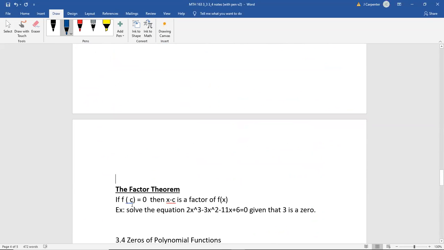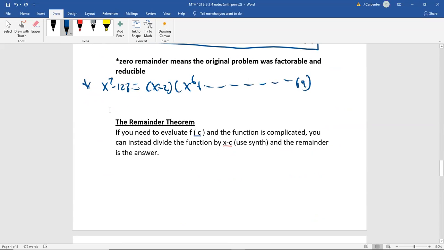That relates down here to this factor theorem, but before we get to the factor theorem, we need to discuss the remainder theorem. If you need to evaluate a function at a certain value c, that's what f of c means.